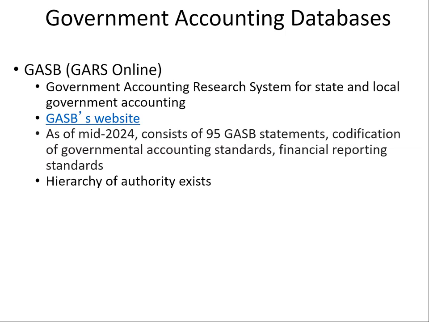Let's take a look at the government accounting database. Just like the FASB, the GASB also has a similar codification website. This is the government accounting research system for state and local government accounting. So let's take a look at GASB's website.